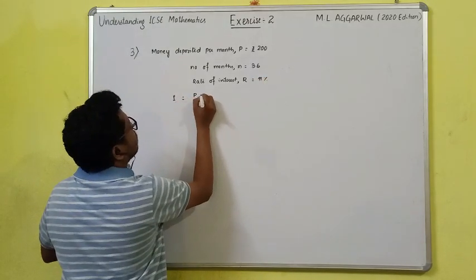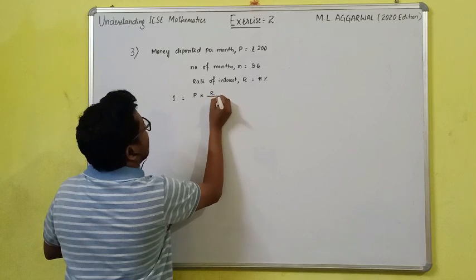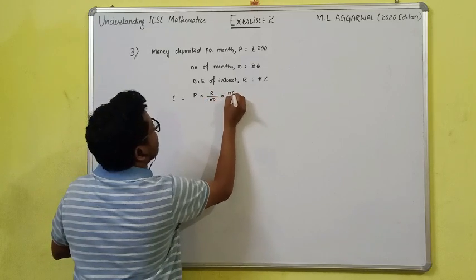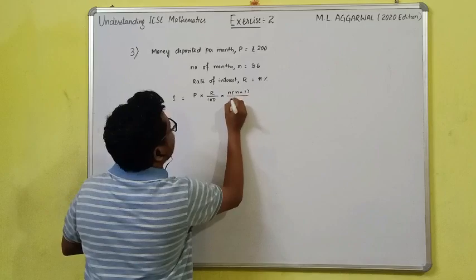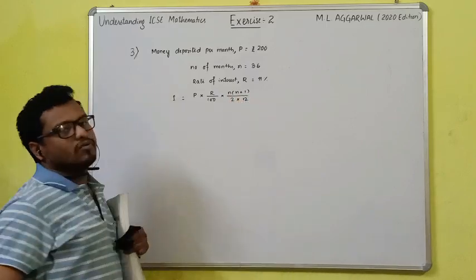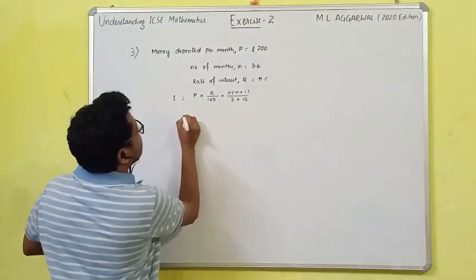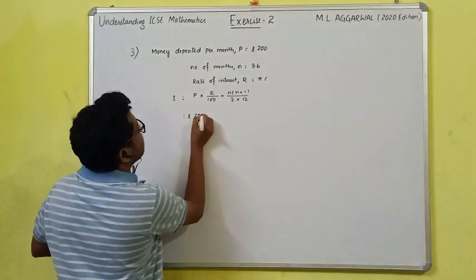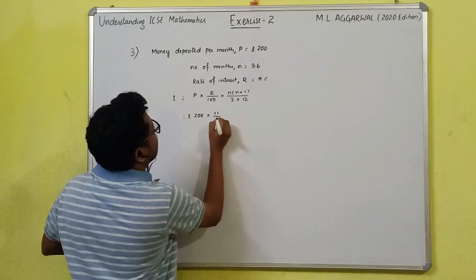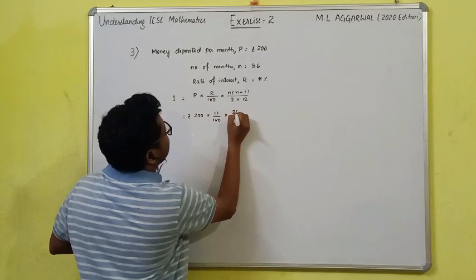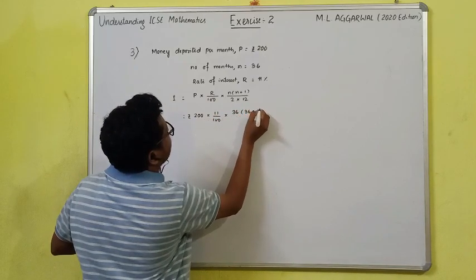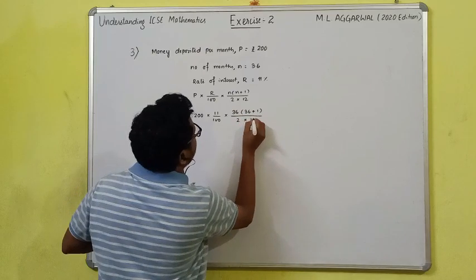So now what will be your interest? I is equal to, you know the formula, P into R by 100 into n plus 1 by 2 into 12. As I have told you, formula is important here, so I have to memorize this one. See, P is equal to rupees 200 into 11 by 100 into 36 bracket 36 plus 1 by 2 into 12.